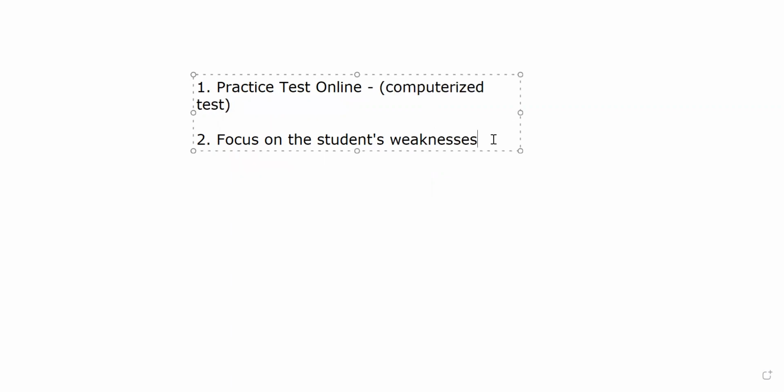Now, you say, what areas will the students be taking the test in? There are actually 4 sections of the SSAT, and let's talk briefly about each one of those.